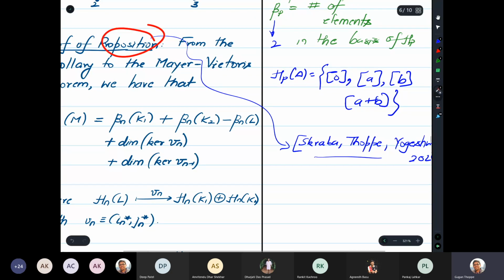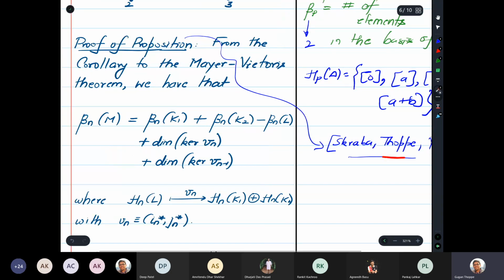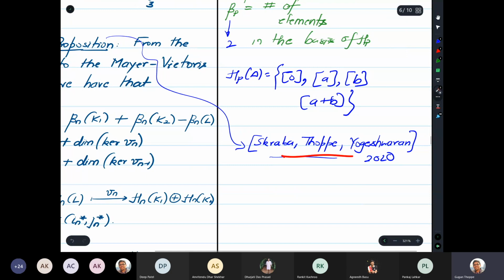We say that this condition holds under a general condition, not just working with homology groups over Z2 vector spaces, but under general vector spaces as well. So if you want to look at a formal proof of the proposition, you can look at this work of ours. You can go to my scholar profile and find this paper there.